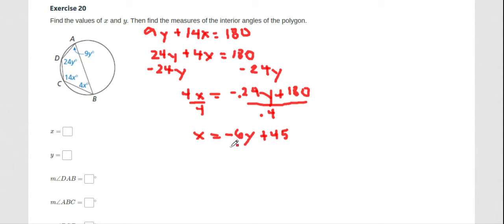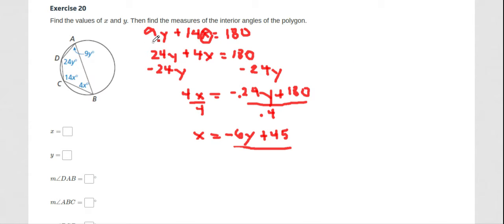So the second equation is solved for x. Here's what x is equal to, negative 6y plus 45. So since x equals negative 6y plus 45, we could substitute that. So here's why the method is called substitution. But what we want to substitute that into is the other equation of our system of equations. So since I solved the second equation for x, now I want to substitute that back into the first equation.